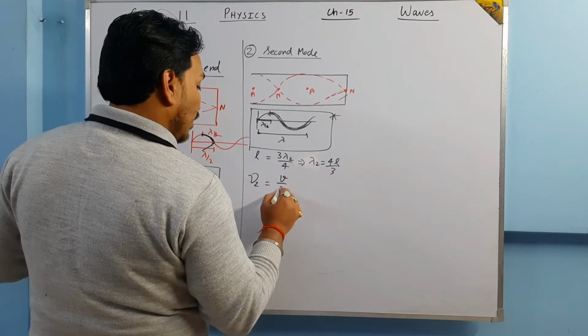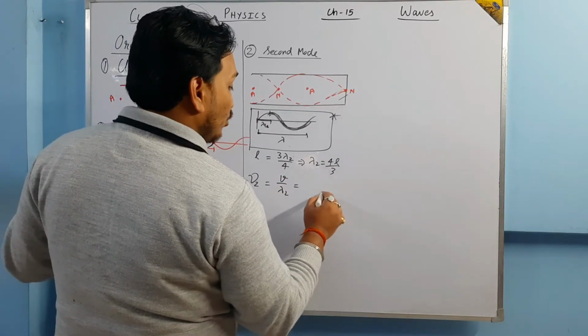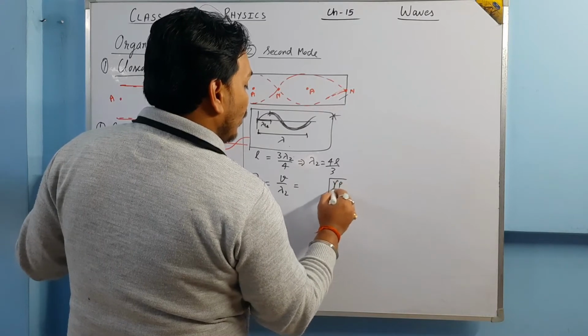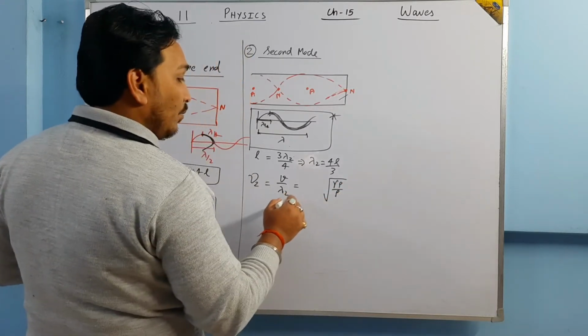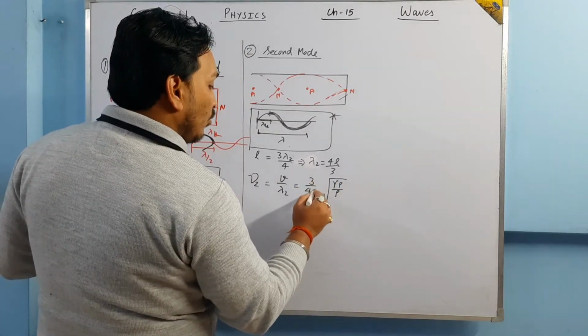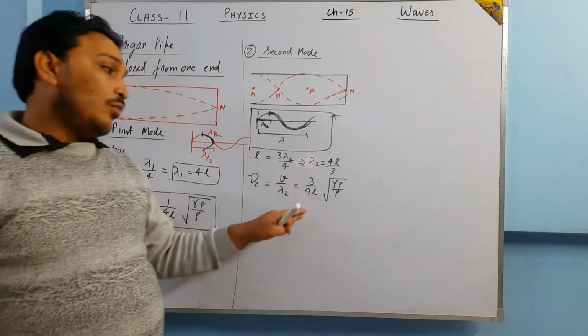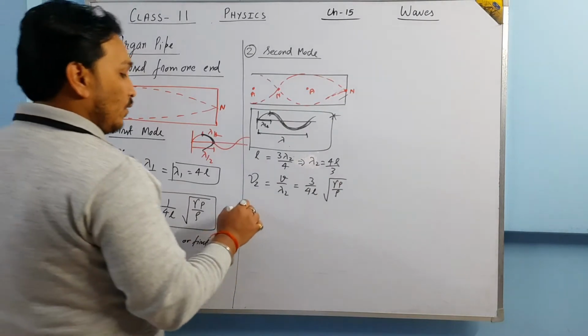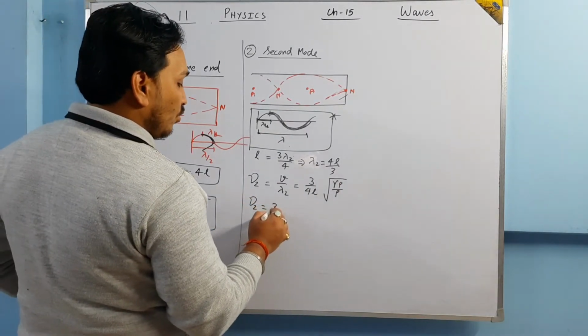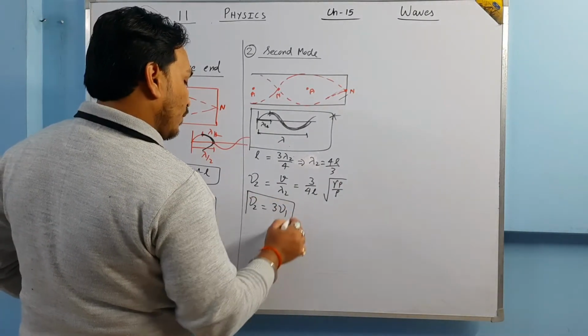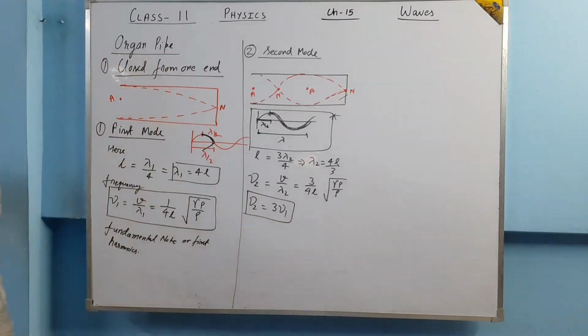Now here, if we calculate the frequency in the second mode, nu2, it is going to be V upon lambda 2. So V is going to be root of gamma p by rho, and the value of lambda 2 is 4L by 3. Now just see, it was 1 upon 4L root of gamma p by rho, it is 3 upon 4L root of gamma p by rho. So from here, nu2 is going to be 3 times nu1. Okay.